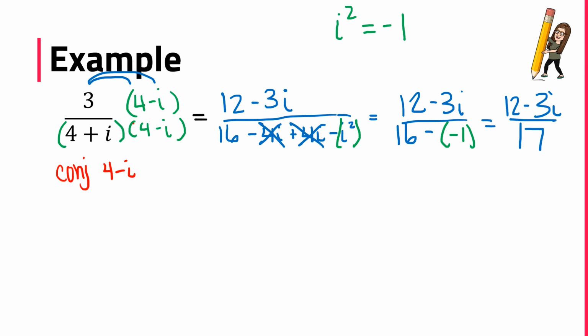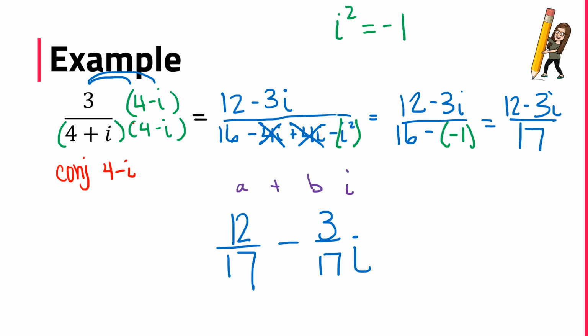Okay. Now, the last thing, because we want it in true form, is we're going to separate out that denominator. What I mean by that is we're going to have 12/17 subtract 3/17 i. Do you see how that's in the form of a plus bi? Our a is 12/17, our b is 3/17, and we have an i.